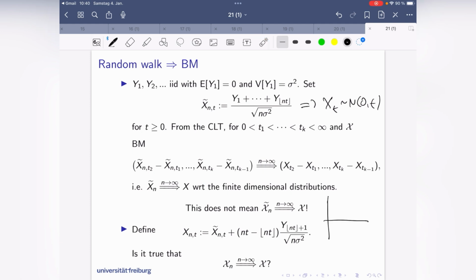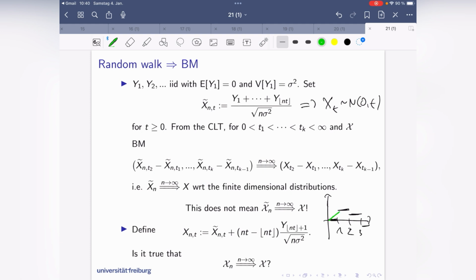So how does this work? Let's take 1, 2, 3, 1, 2, 3. And the usual random walk looks like this. I have something here, and something here. But nothing stops me from just using straight lines here. Maybe this here, this, or let me even use color here.